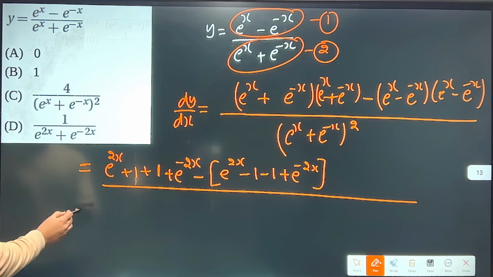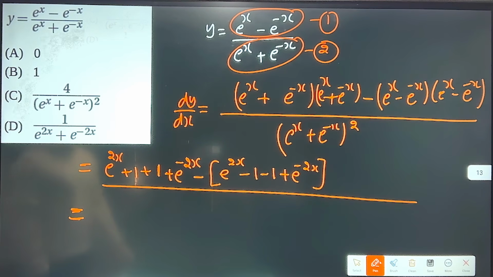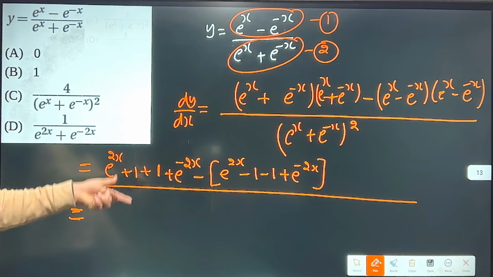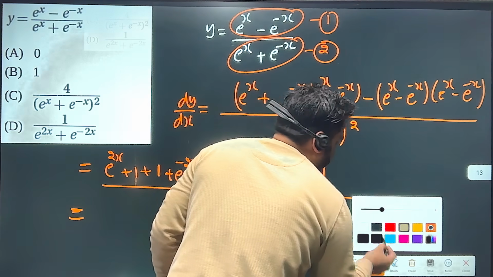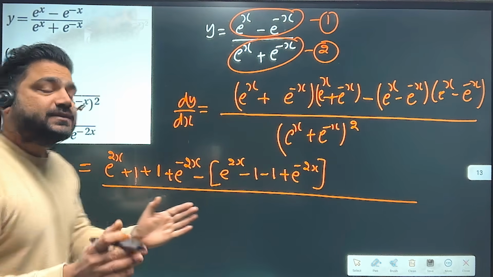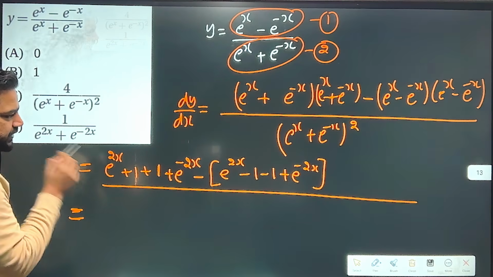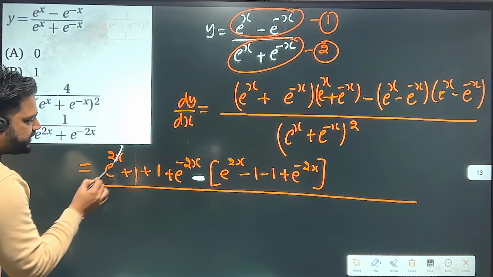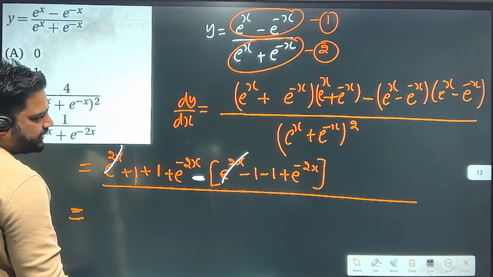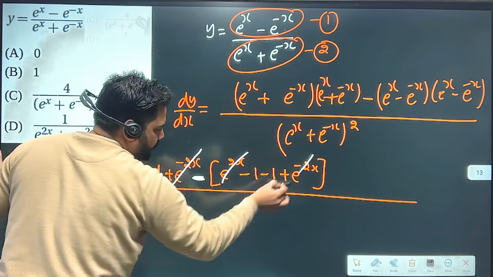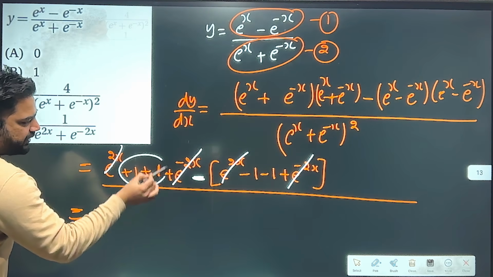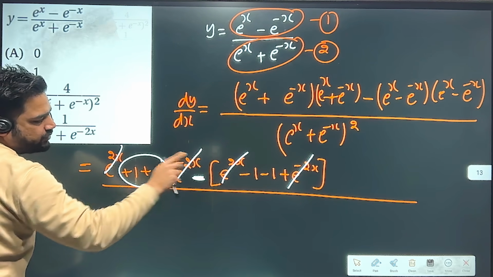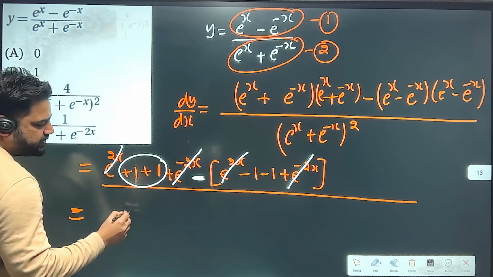Now look for which terms are getting cancelled out. Because of this minus sign, e power 2x will cancel, and these terms will also cancel. Now what is 1 plus 1? 2, and minus 2, so 2 minus minus 2 is 4.